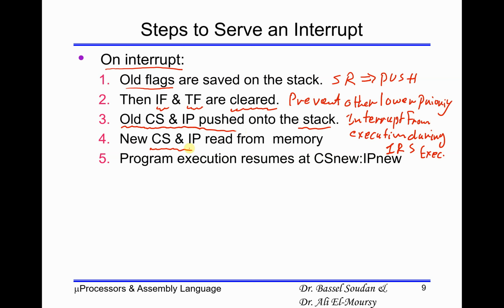We will show exactly how this calculation is done in order for the microprocessor to do the far jump, or the far call, that we have just explained. Then the program execution will resume at the interrupt service routine.